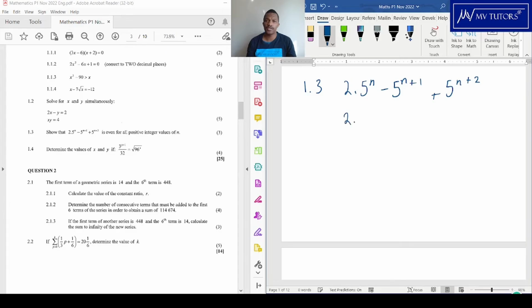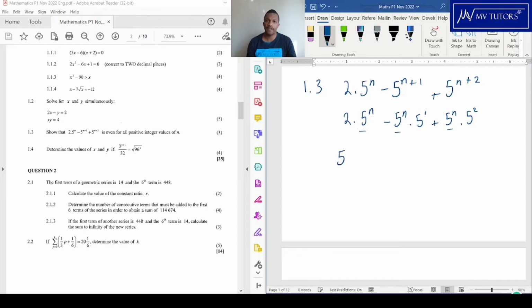So this one is already fine. Let's separate this one into 5^n and 5 to the power 1 plus, let's separate this one as well, 5^n and then 5 to the power 2. At this point we can factorize because we see there's a common factor of 5^n on all these expressions.